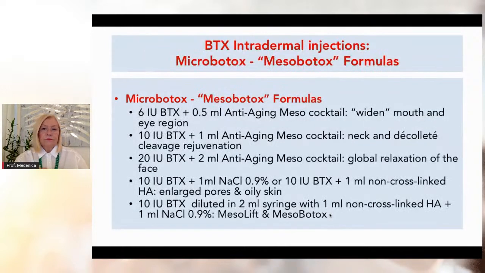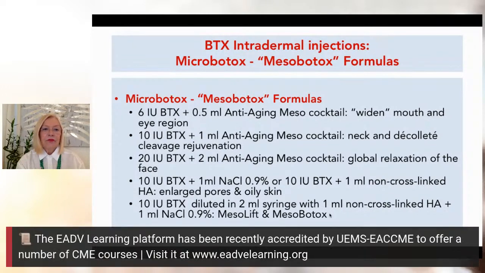And also, you can use Microbotox as a Mesobotox technique, when you combine standardly diluted botulinum toxin and add anti-aging mesococktail. For different purposes, you add different numbers of international units of botulinum toxin.